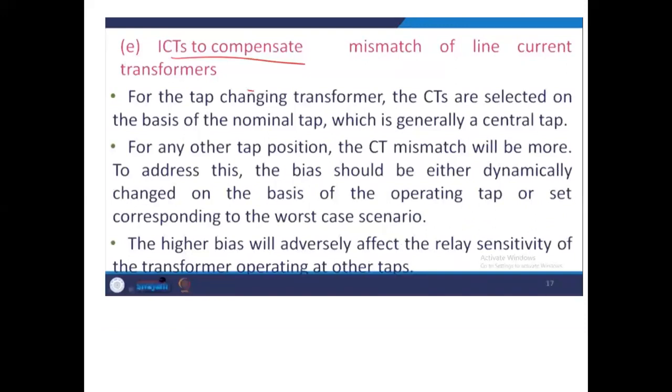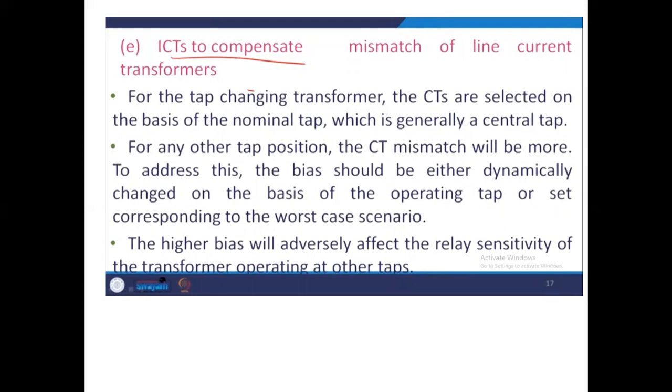So sometimes it may be possible that whenever we use a delta-star transformer, as I told you, on the delta side we have to connect the line CTs in star, and on the star side we have to connect the line CTs in delta, so that the 30-degree phase shift can be easily compensated.